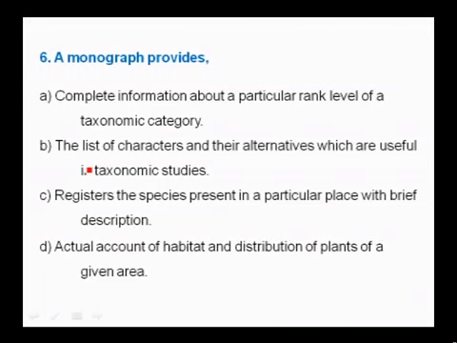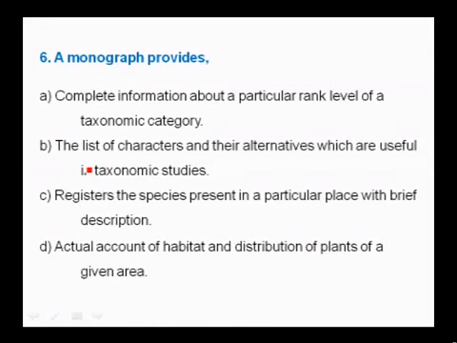So in the options you can see complete information about a particular rank level of a taxonomic category, the list of characters and their alternatives which are useful in taxonomic studies, registers the species present in a particular place with brief description, actual account of habitat and distribution of plants of a given area.